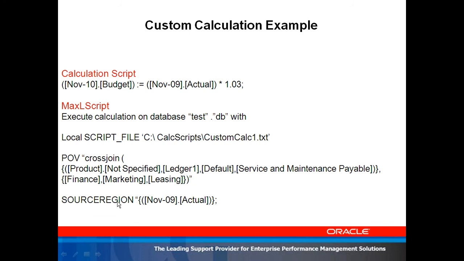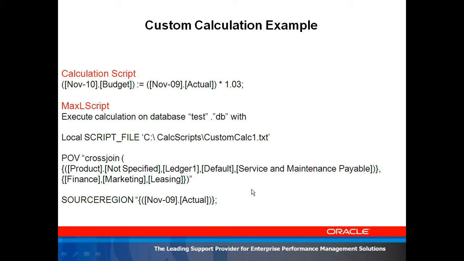And the source region keyword down here is specifying where the data is coming from, November 9th actual, just like it specifies up here. Even though it's specified in the calculation script, it must be specified also within the MaxL script.